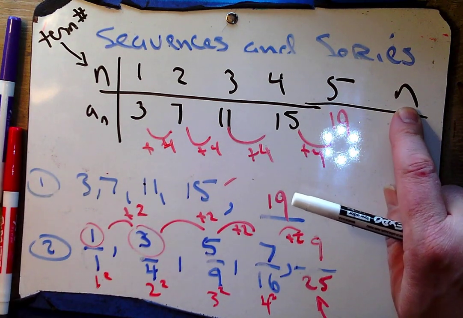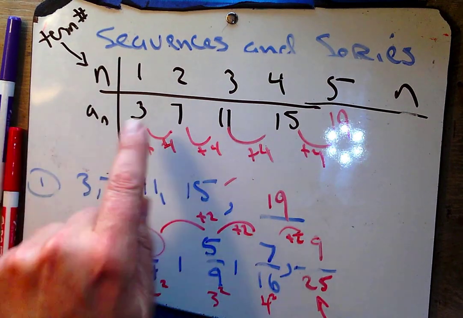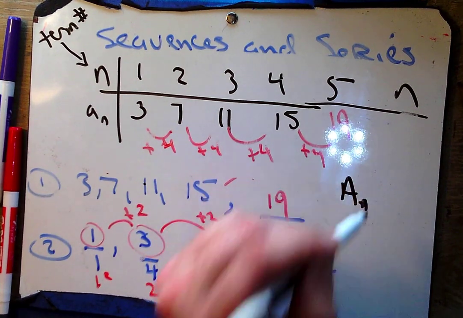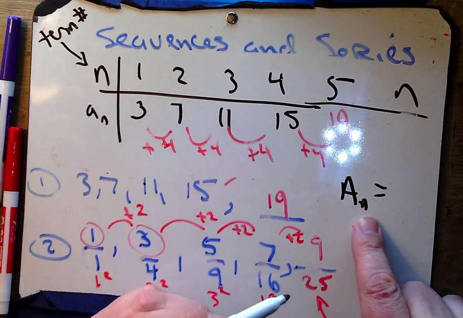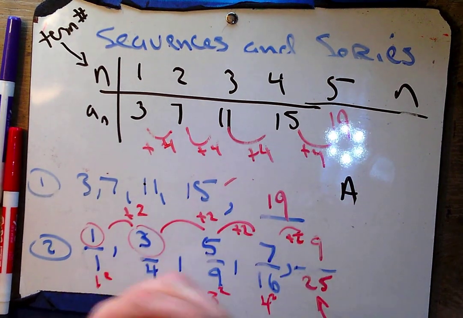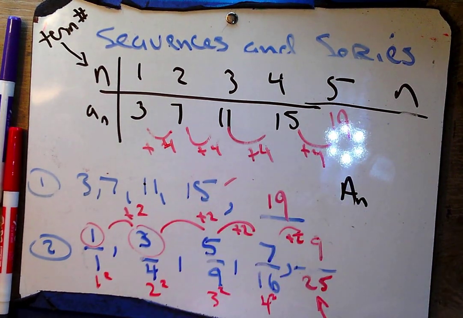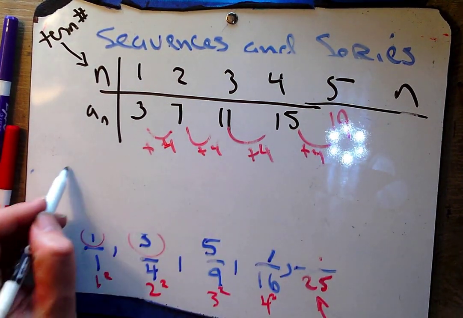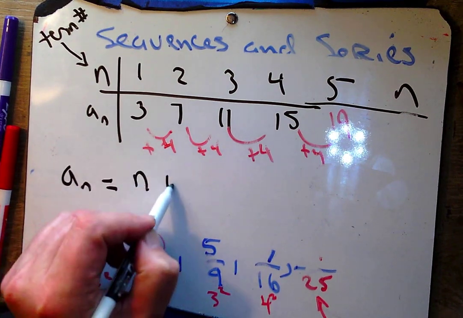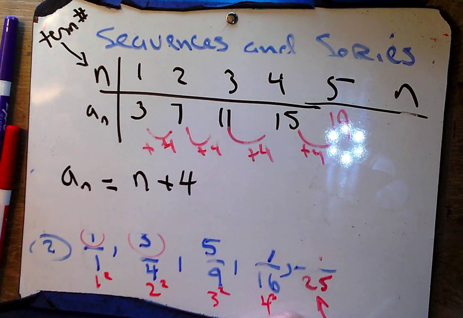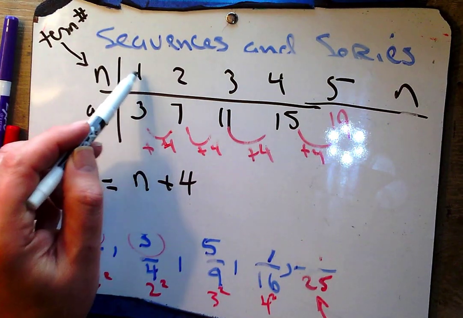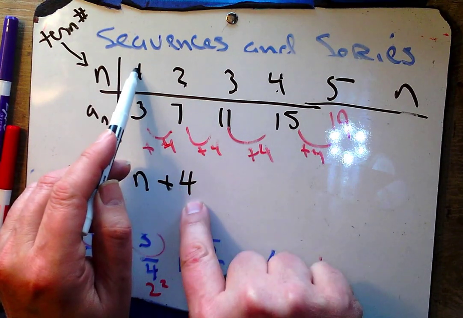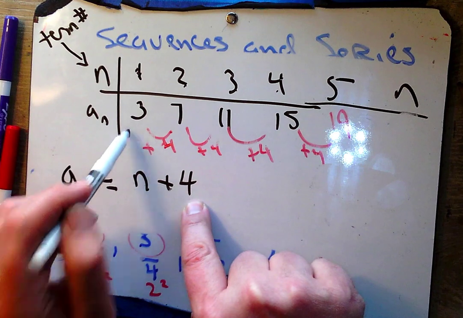Now, this is the general case for the nth term. I think of this as what's my rule. If I were trying to describe the rule that would generate every correct ordered pair, I'd want some sort of a sub n. What's the amount as a function of n, with respect to n is what I'll say. And a lot of students here want to say that the rule is going to be a sub n equals n plus 4. No, that's not true. See, the n values are these numbers. And if I take that number and add 4 to it, I'm not getting that.